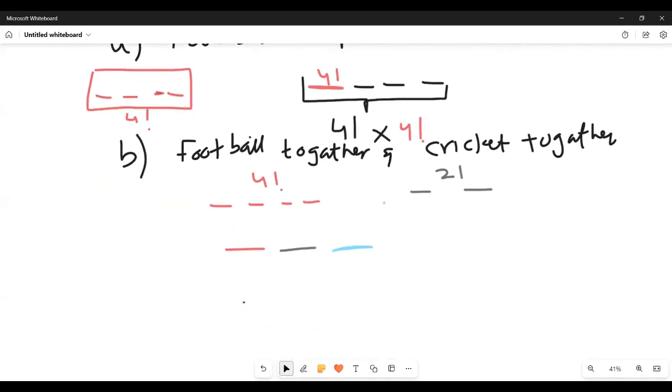So these are considered as 3 trophies. So 3 factorial.